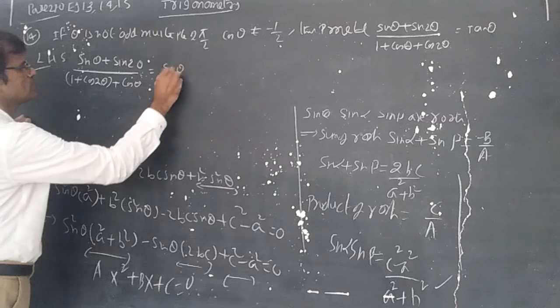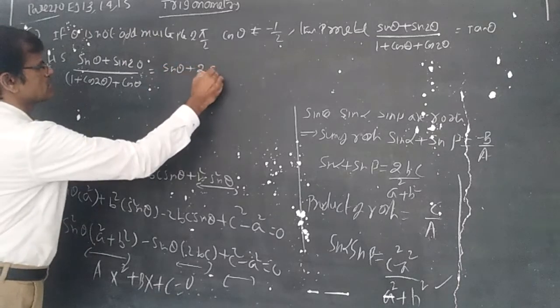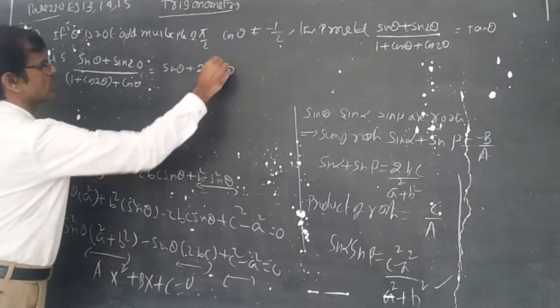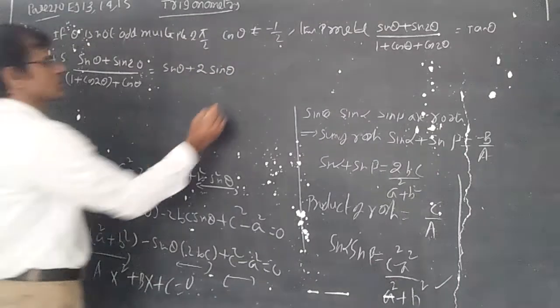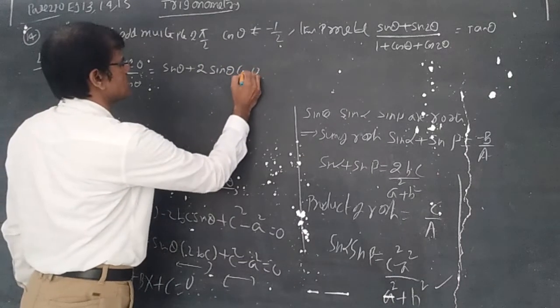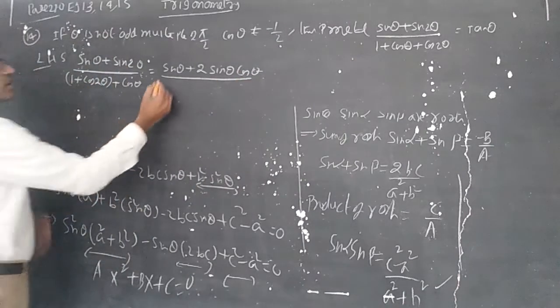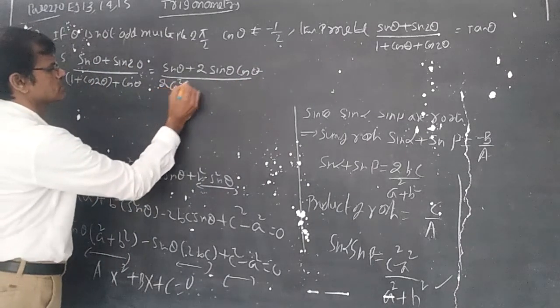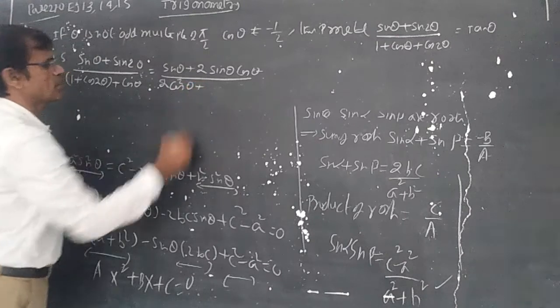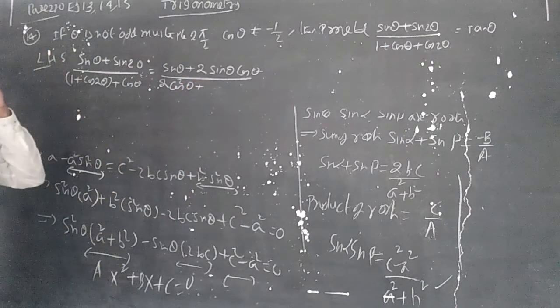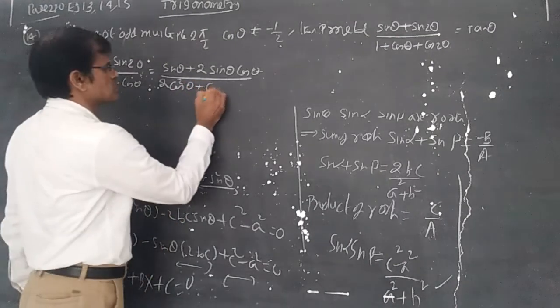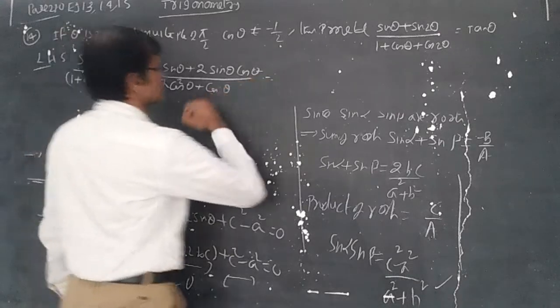That is equal to sin theta plus, using the submultiple angle formula, sin 2 theta is 2 sin theta cos theta, whole by 1 plus cos 2 theta, whose formula is 2 cos square theta, plus cos theta. Everything I discussed in the multiple and submultiple angle concept.